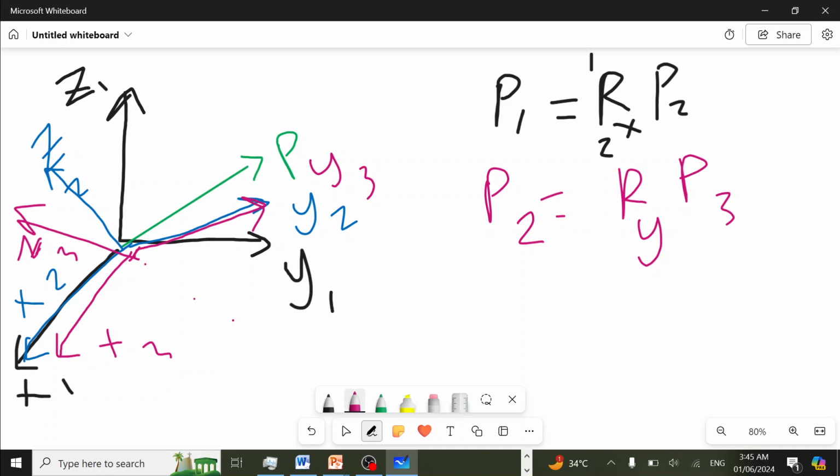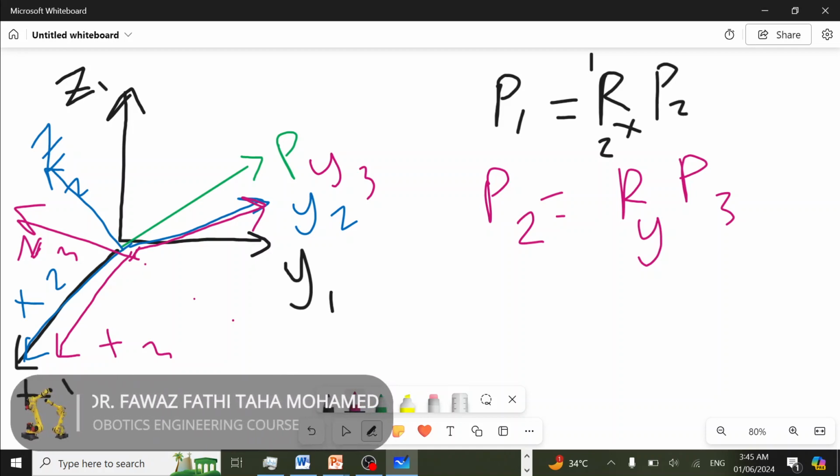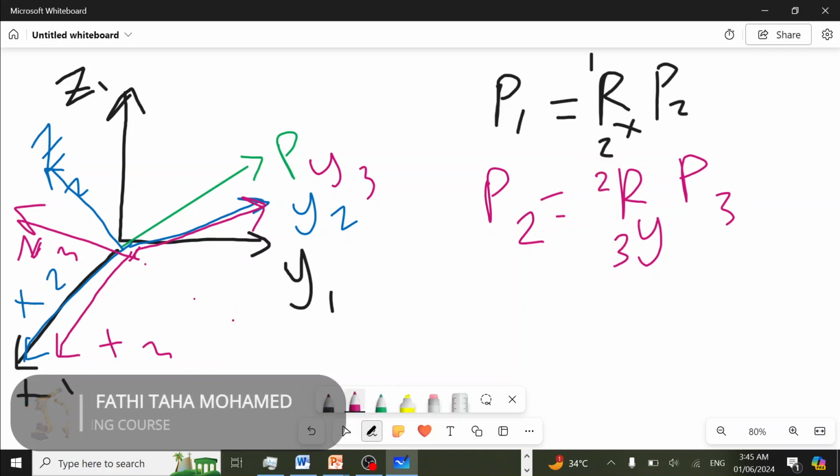It was not rotating around the fixed frame, or the old frame, frame 1. So we can call this R 3 2, okay.